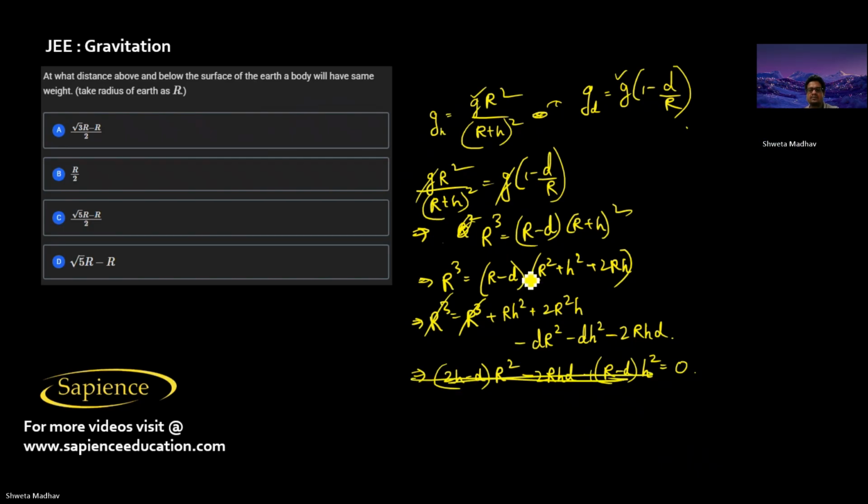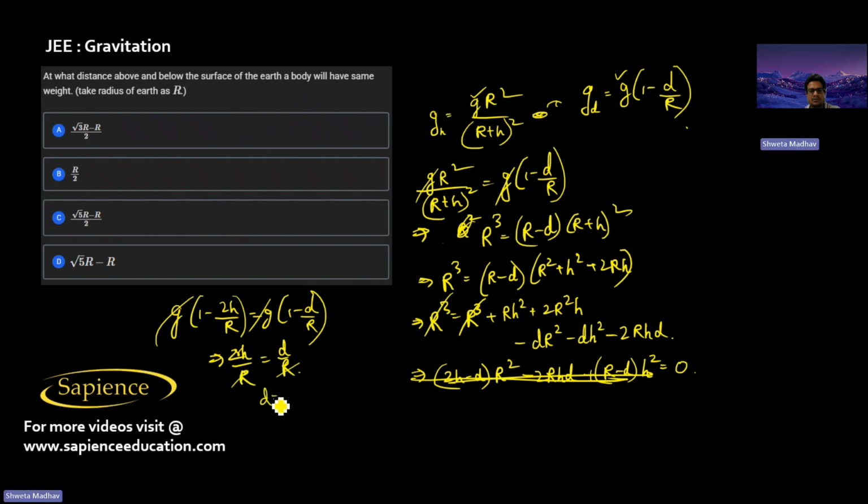So here, actually, we can also say g into 1 minus 2h by R should be equal to g into 1 minus d by R. If h is much less than R, g will cancel, then 2h by R will be equal to d by R. So d is equal to 2h.